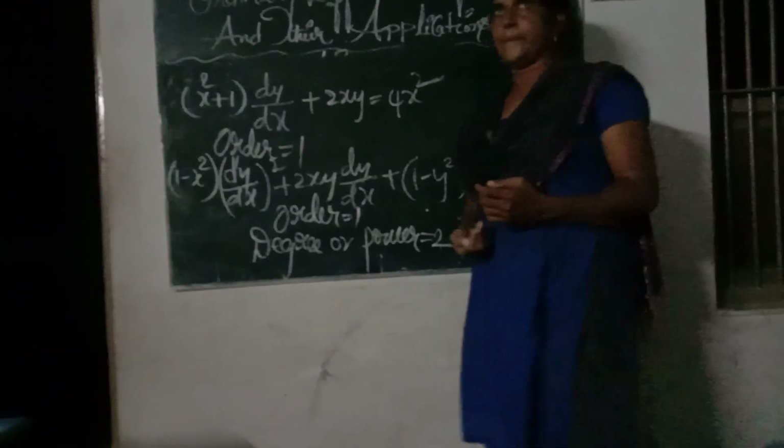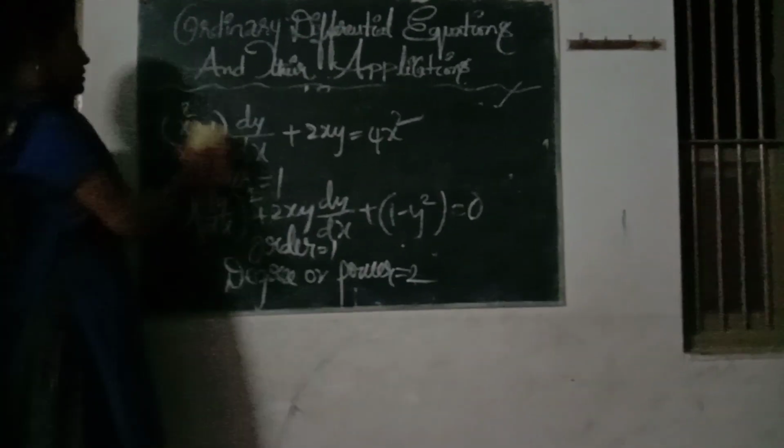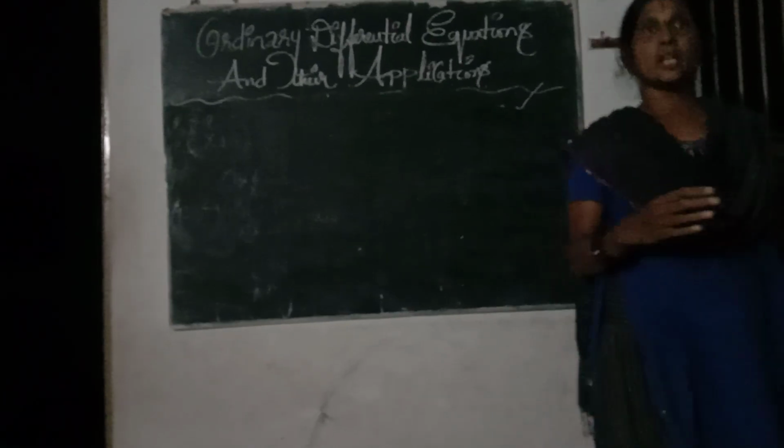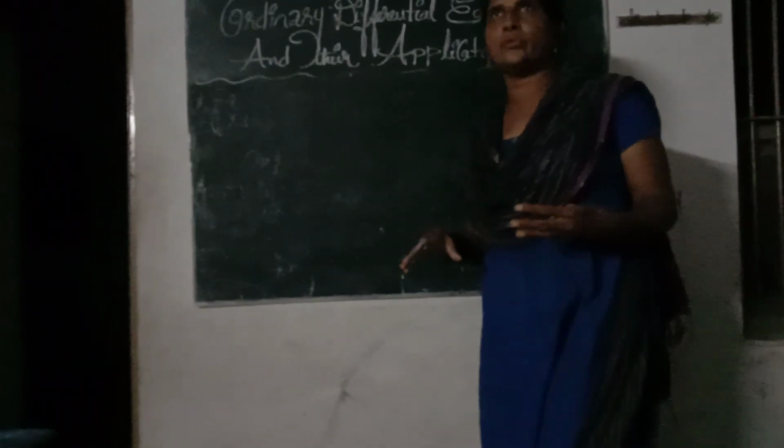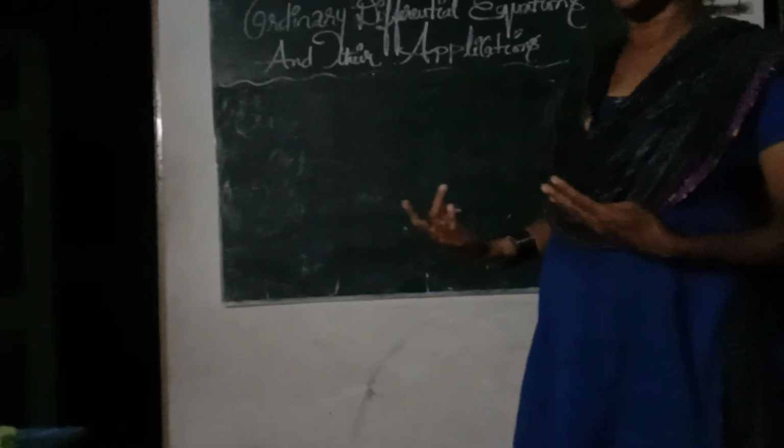Next I will explain what is a first order and first degree differential equation. First of all, I will explain the procedure of first order and first degree differential equations, which we take to get the solutions of ordinary differential equations.